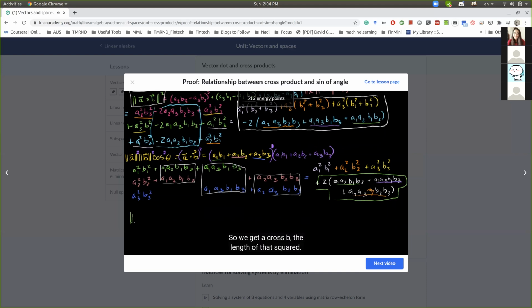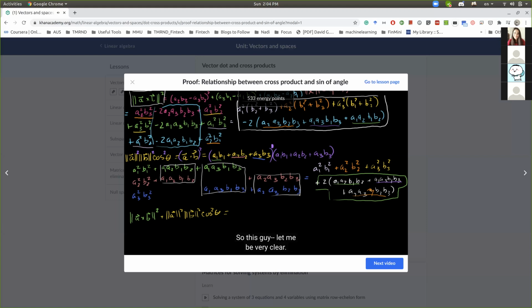So we get the length of a cross b squared, and we're going to add to that this expression right here: plus the length of a squared times the length of b squared times the cosine of the angle between them squared. What's that going to be equal to? It's going to be equal to this thing plus this thing. Let's do a simplification. Well, we already said that this is the minus 2 times this and this is the plus 2 times this.